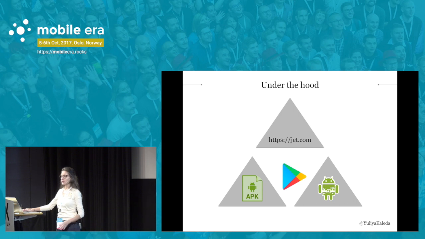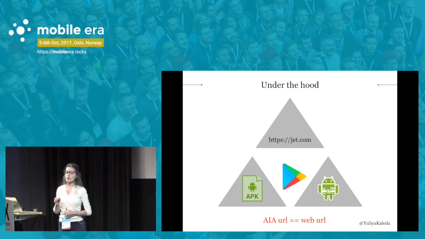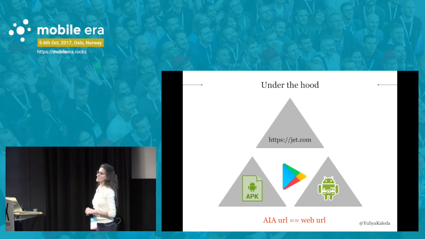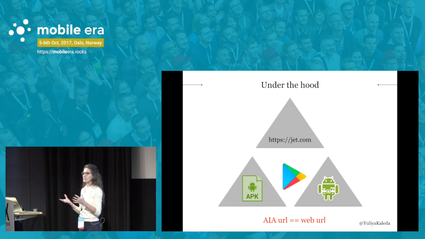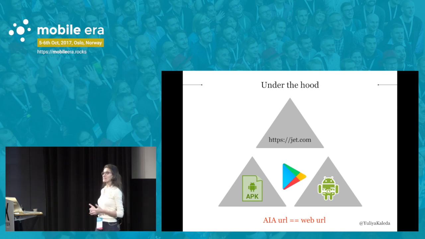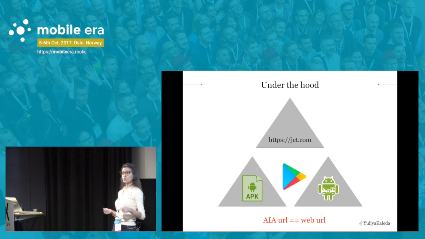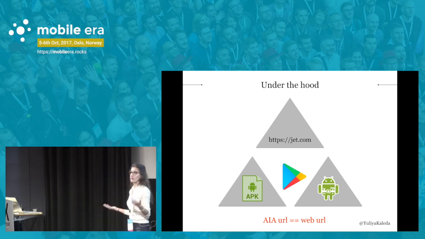When building those unique Instant App URL addresses, you have to make sure that your Instant App URL addresses match your mobile web URL addresses. Why is that important? Imagine we have a KitKat device, right? And I created a very unique Instant App URL address that does not have a matching mobile web URL address. When I click on the link on the KitKat device that does not support Instant App, I will land on a 404 page not found error, right?